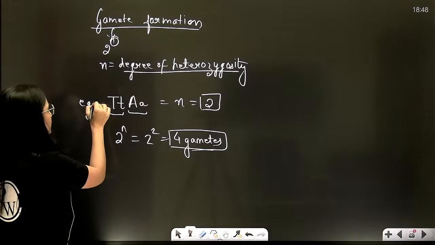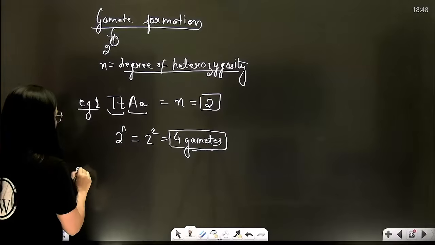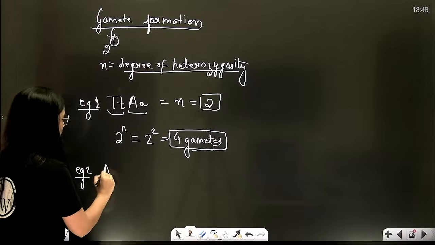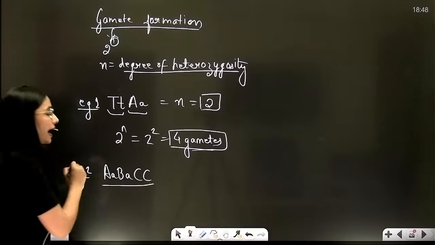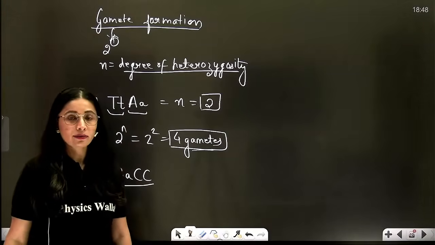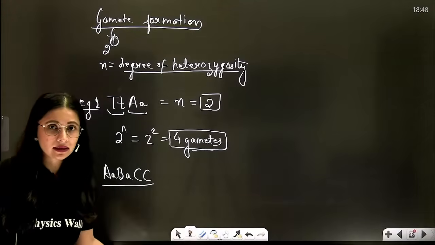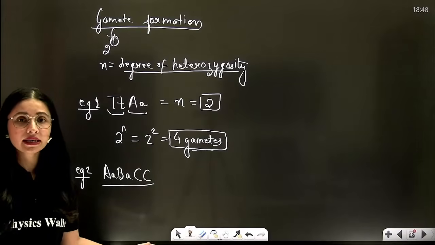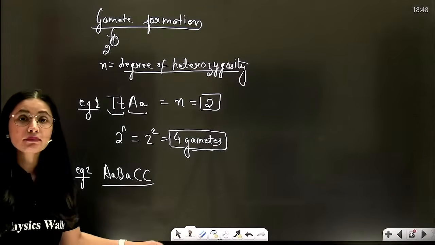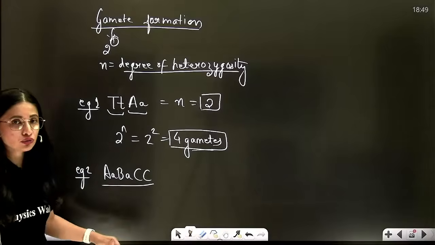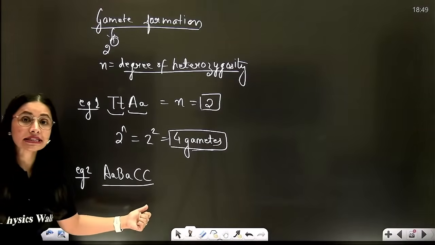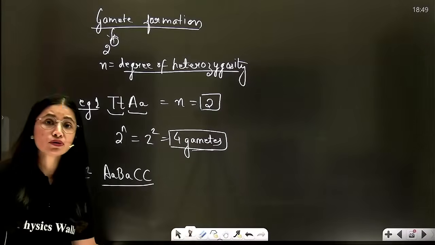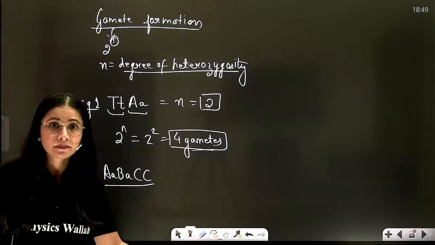Second example. Now, here I have given you 3 genes present in a diploid organism. Each gene is represented by a pair of alleles. But if you see, my dear students, A and B are heterozygous. However, C is present in its homozygous dominant state.